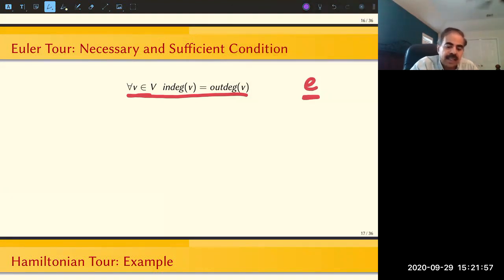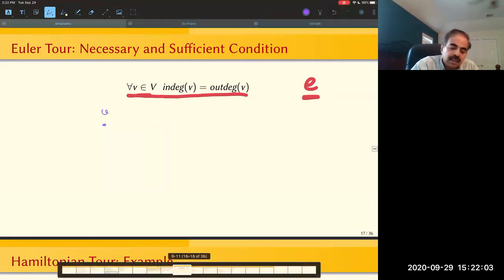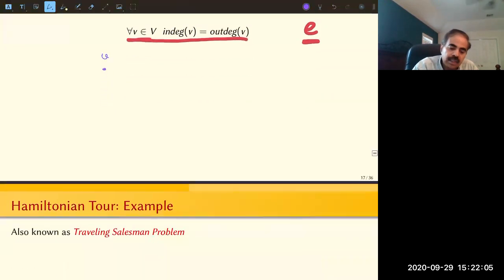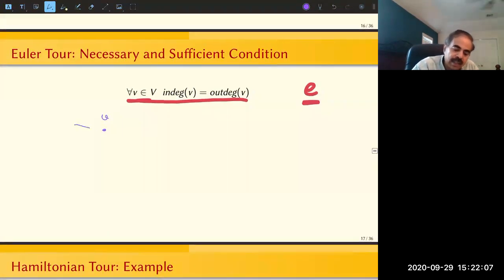what that means is that, think about a vertex V, right? So this condition means that whenever you arrive at V, there should be a way to get out of V because the in degree and out degree are matched, right?